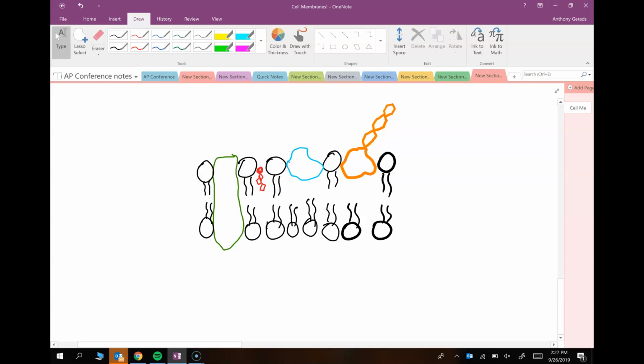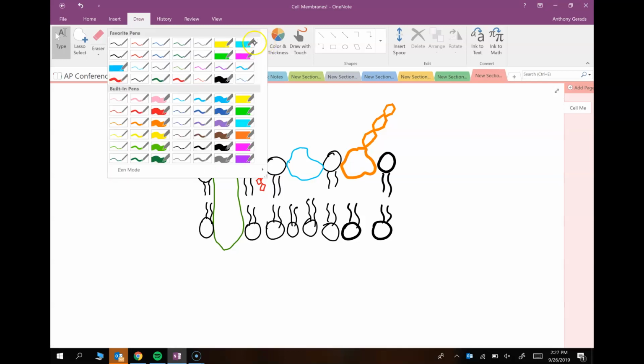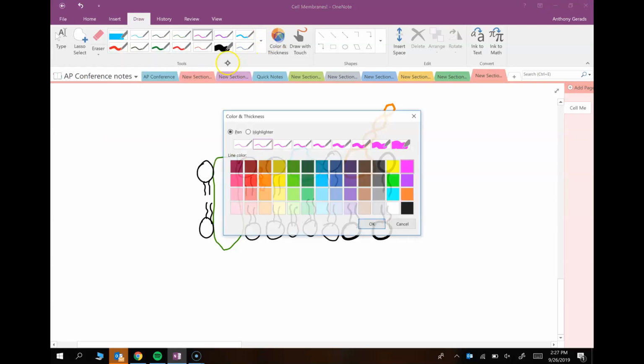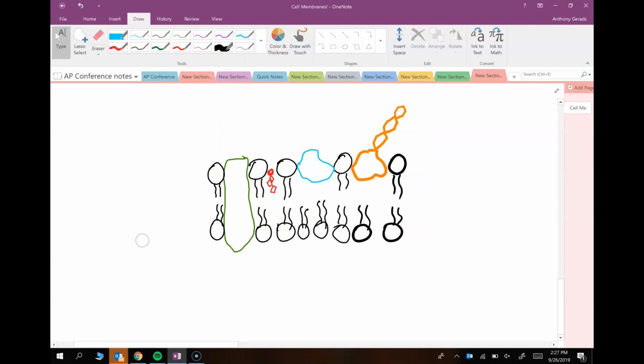All right, you ready to label this bad boy? Yeah, we are. Okay, we will label, not with that color. I do not like that color. Okay, here we go. If I'm looking at this thing, I've got this part right here of a phosphate head. That phosphate head is polar, meaning this zone right here is what's called hydrophilic.